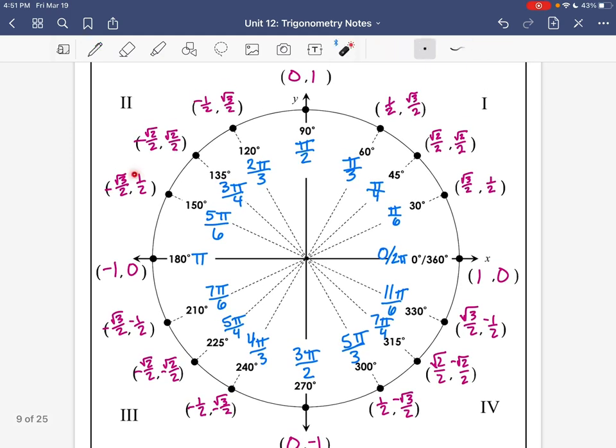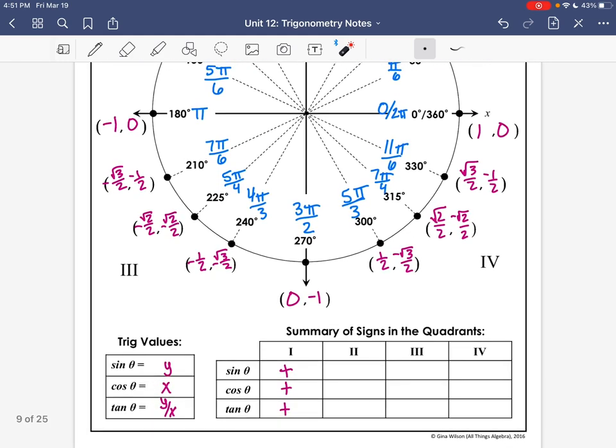Remember, sine is those y values. So that's positive, but then the rest of the time y is negative. Cosine is negative on the left side because those coordinate with x. So x is negative in quadrant 2 and quadrant 3, but then positive in 4.